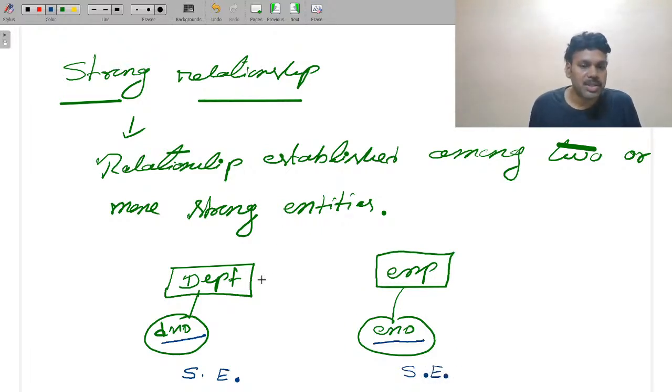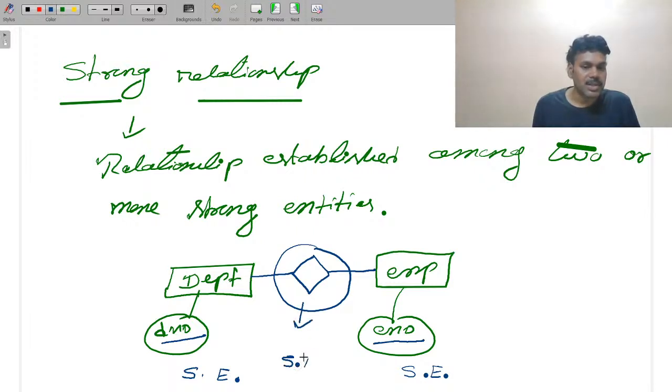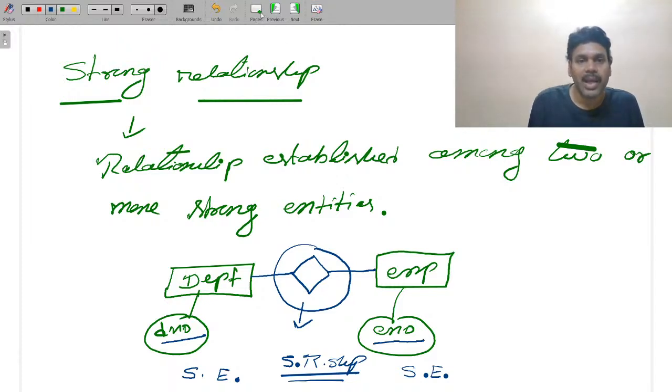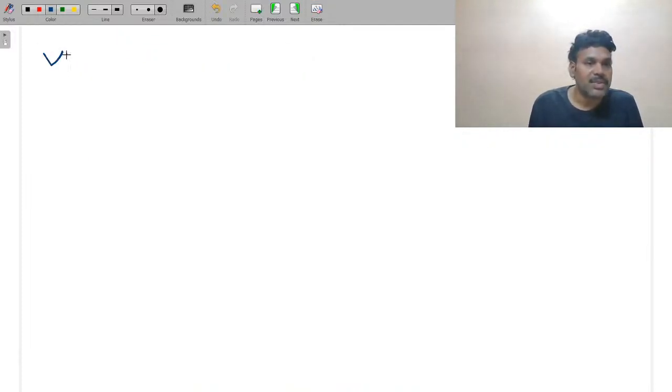So for a strong relationship, when I am sharing data between employee and department, we call this relationship a strong relationship. So a strong relationship is constructed over strong entities. This is the point.